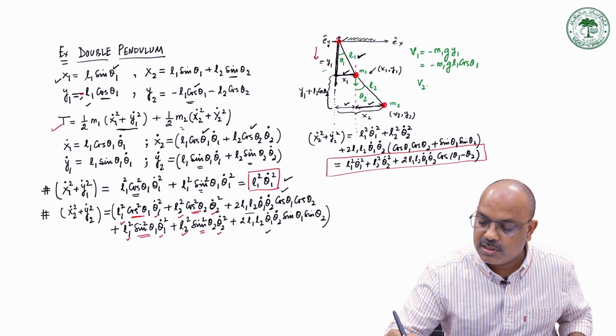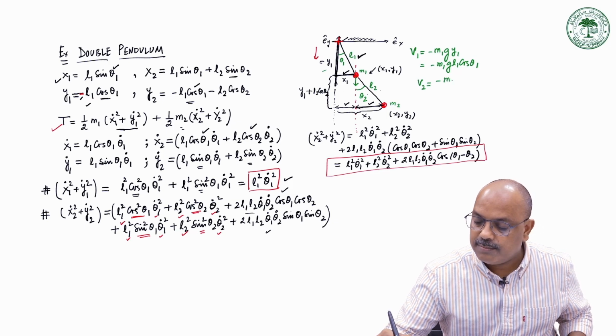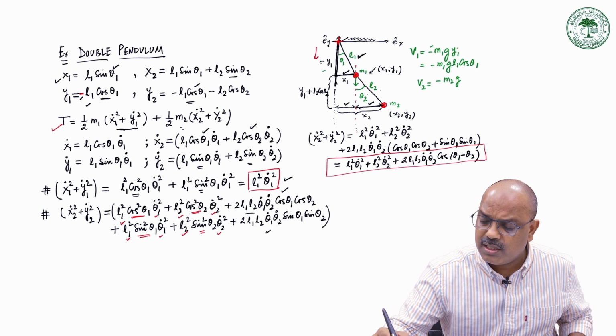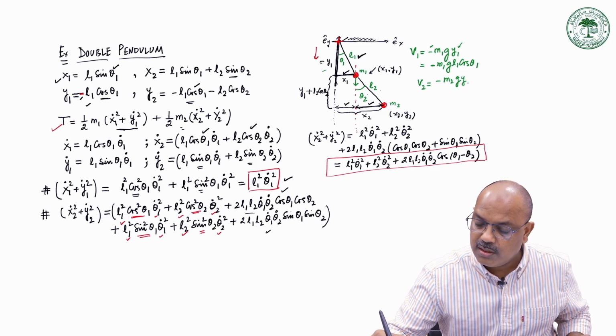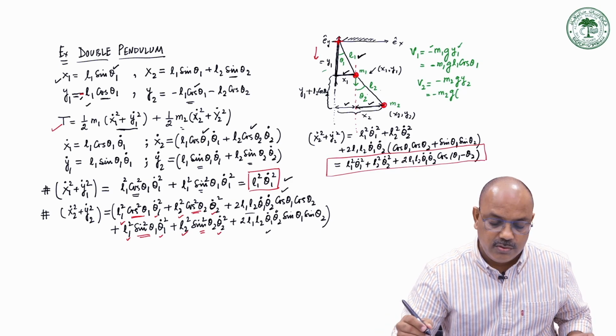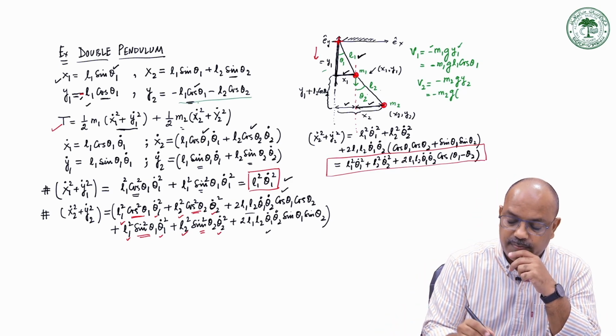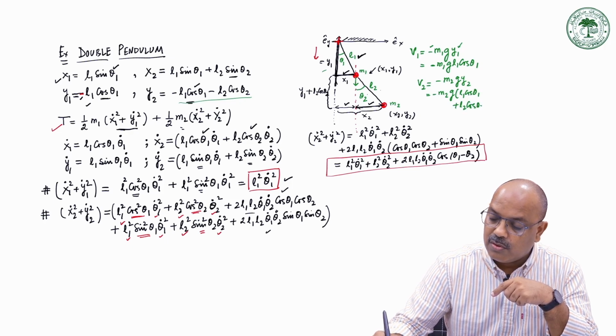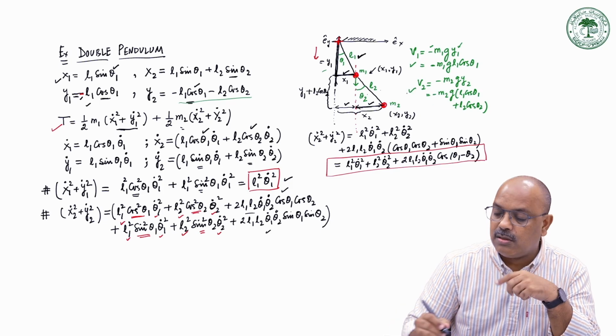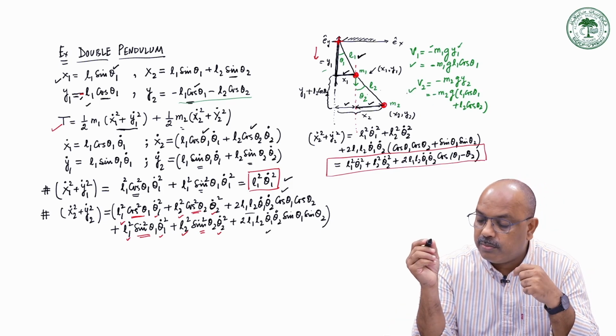And then the second potential energy is going to be minus m2 g y2, and because this minus I have not included in y, that's why this minus is there. So this is going to be minus m2 g, and y2 is the whole term: L1 cos theta 1 plus L2 cos theta 2. Okay, so these are the two potential energies corresponding to my two pendulums.